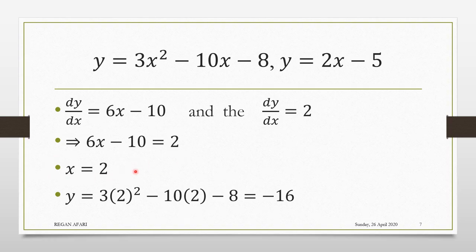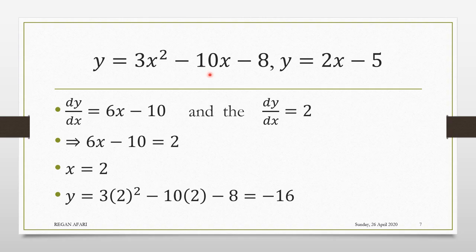Why? Because the curve and the line are equal at the point P, and point P will have both x and y values. So to find the y value, we put the value of x into the curve and not the line. Why? Because we are looking for the equation of the tangent to the curve, not the equation of the tangent to the line.